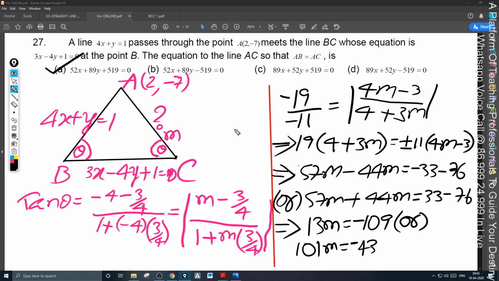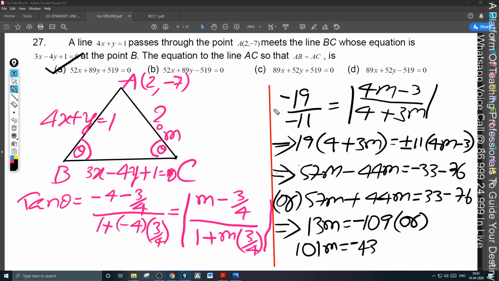Slope is m, modulus of m1 minus m2 by 1 plus m1 m2, 4m minus 3. This is 4 plus 3, yeah, that's perfectly right. And it is minus 19. Oh, okay. This is 4 minus 12.